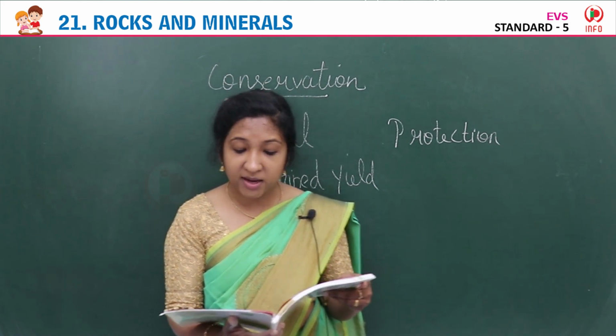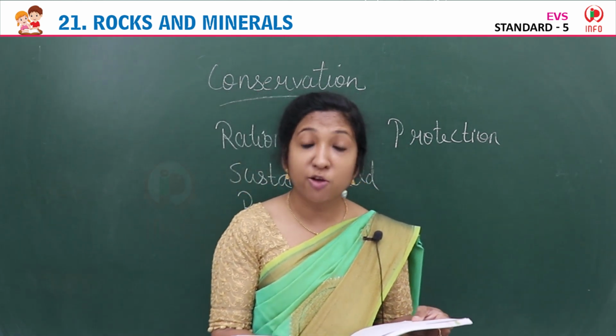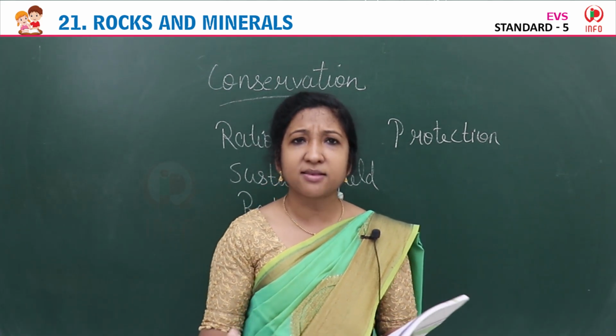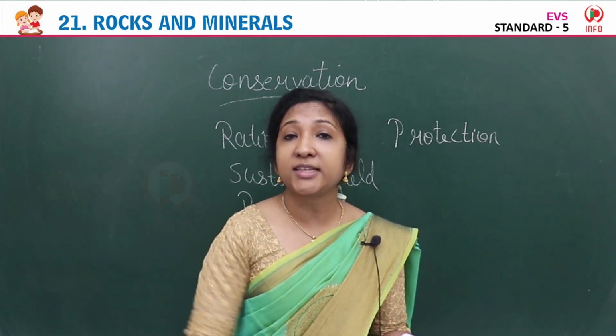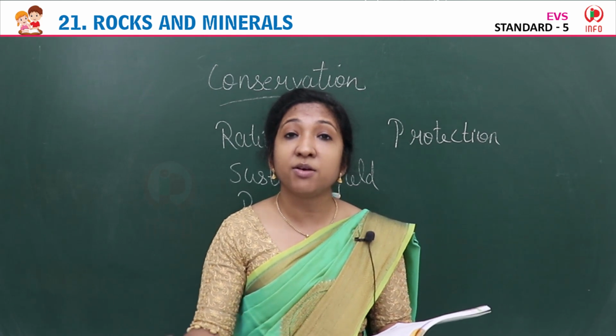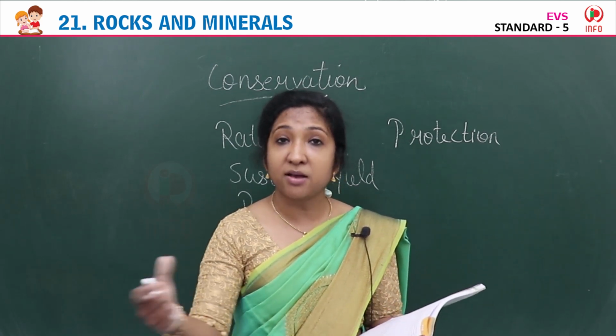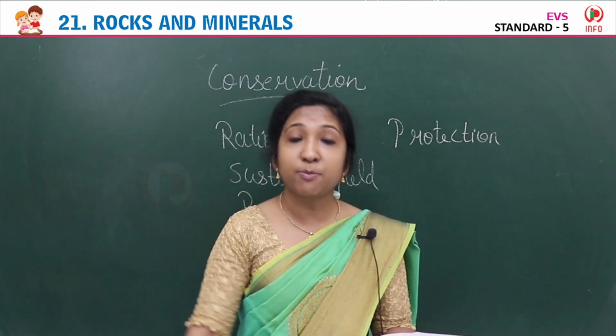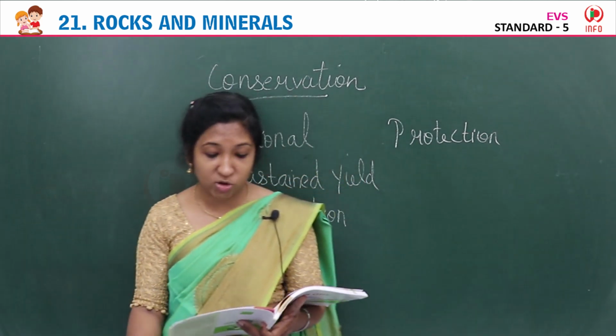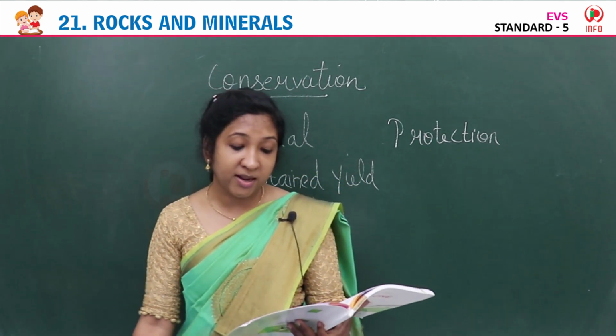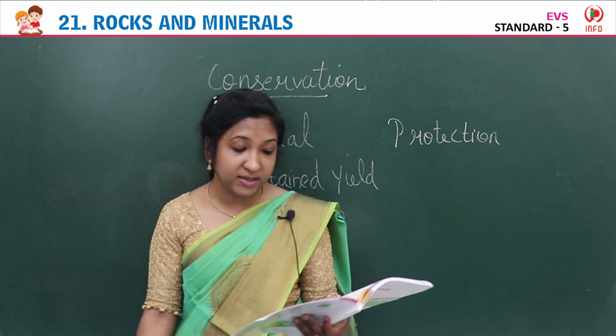This is the concept underlying the establishment and protection of parks and reserves of many kinds. We need to protect some national parks, bird sanctuaries, animal parks where animals and birds are protected. So this kind of protection we should do, that is called protection of natural resources.